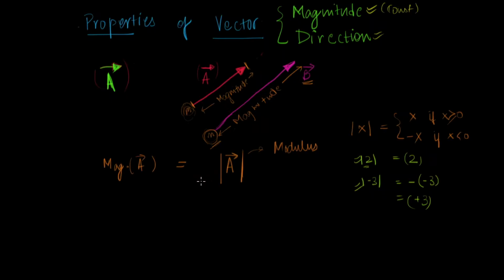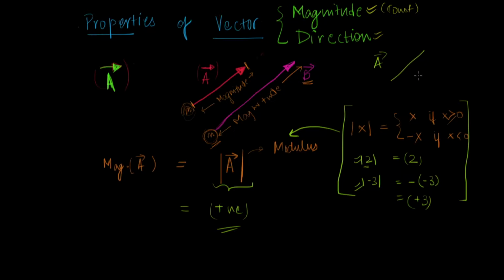So therefore, the modulus of a vector, by using the mathematical description of the function of modulus, in physics, we can know that the modulus will always be a positive quantity. So if my vector A is, say, 5 meters long from base to head and points in the northeast direction, then the modulus of A would be 5 meters.